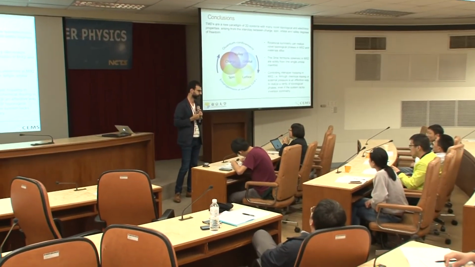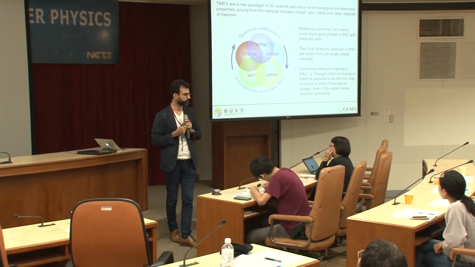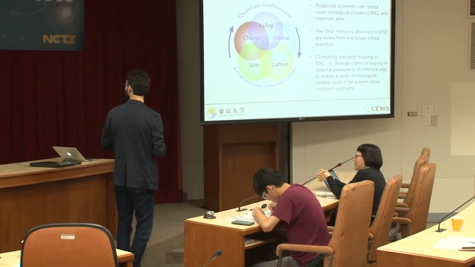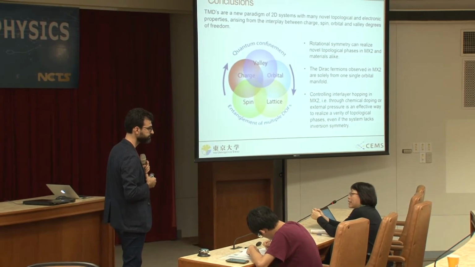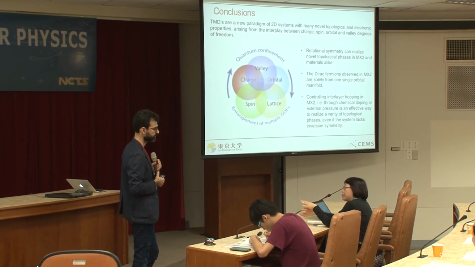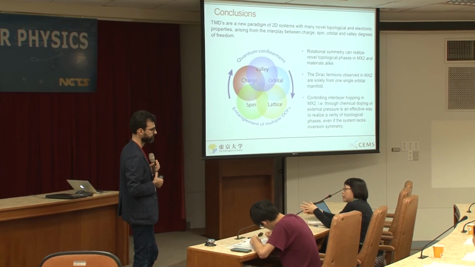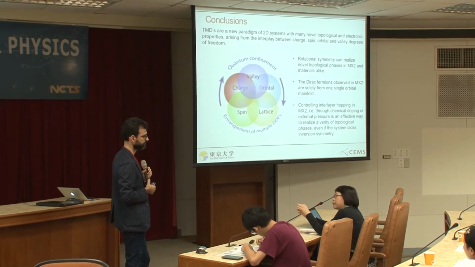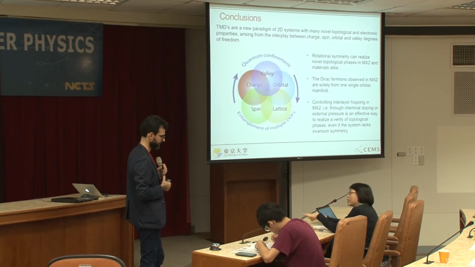Thanks for the interesting talk. I got one question for the first part, the negative compressibility. Now, when you put in the electron interaction, the RPA calculation, that's the standard free electron gas type of calculation.